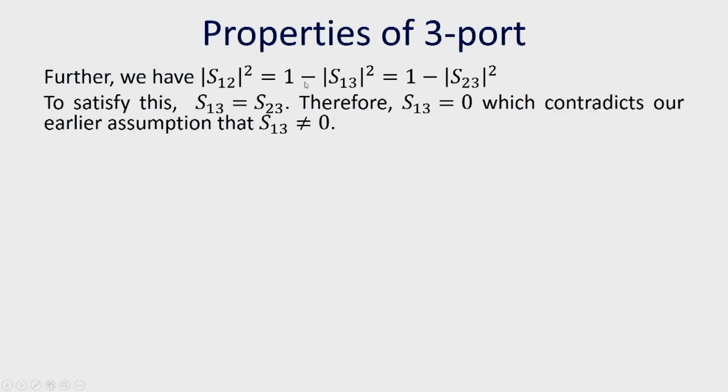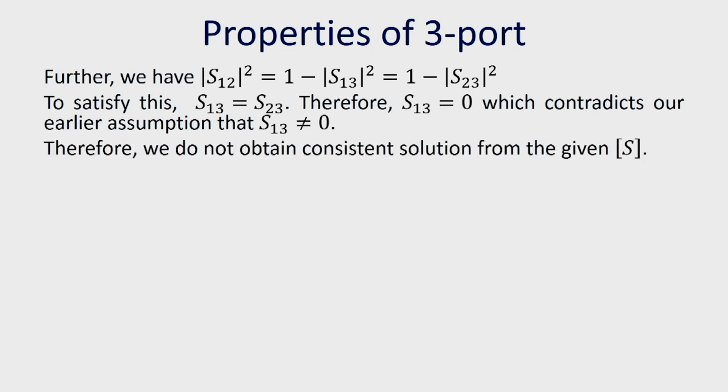Now, if the above equation is to be satisfied, then we must have mod S13 equal to mod S23, and this will lead to S13 equal to 0, because we have earlier said that S23 is equal to 0. But S13 equal to 0 contradicts our earlier assumption that S13 is not equal to 0.